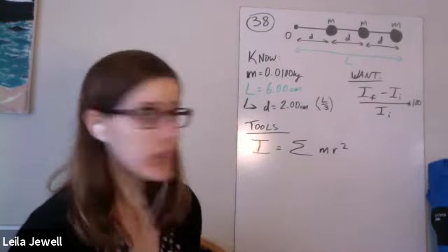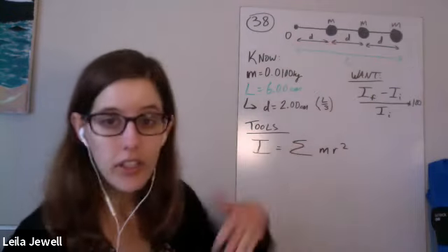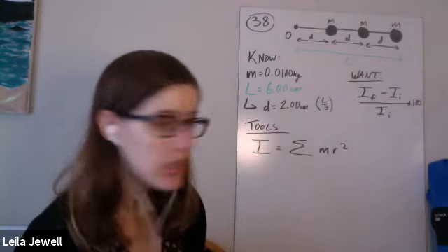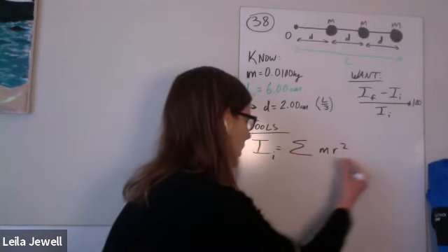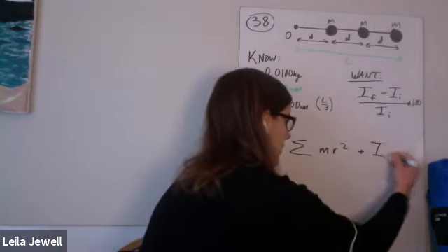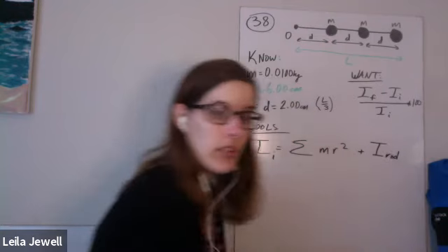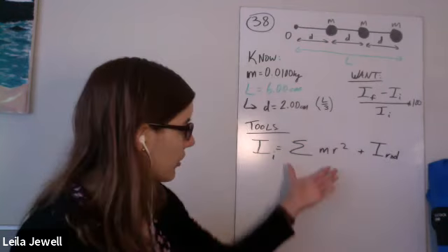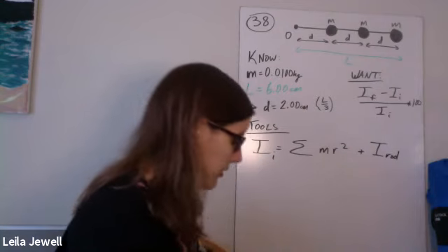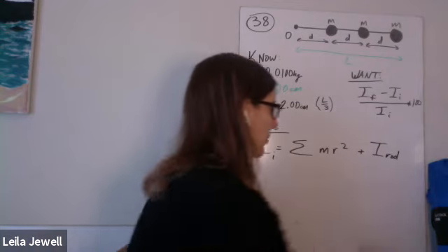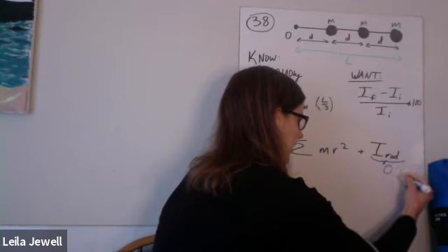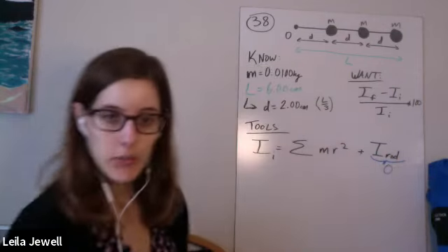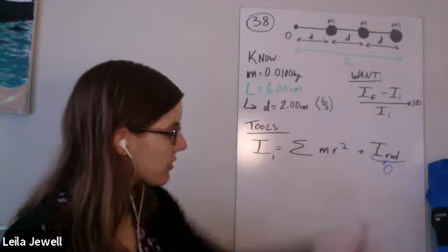If the rod wasn't negligible mass, then we could get the total rotational inertia by adding in the rotational inertia of the rod to all of the particles. But as mentioned, in this case, the rod is considered to be massless or negligible mass compared to these, so we don't need to worry about it.